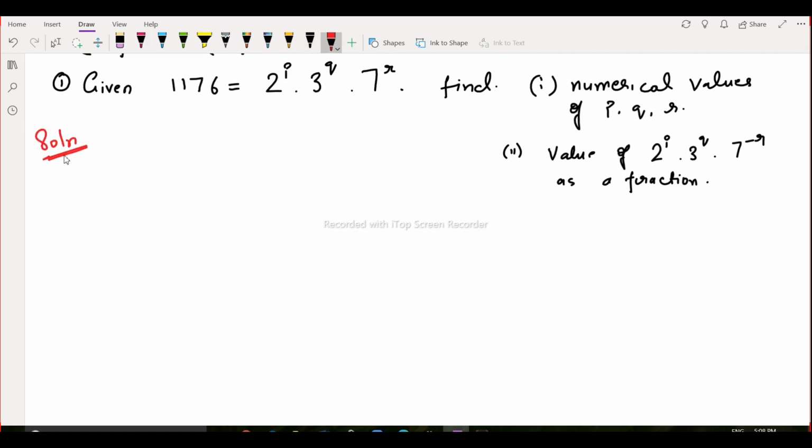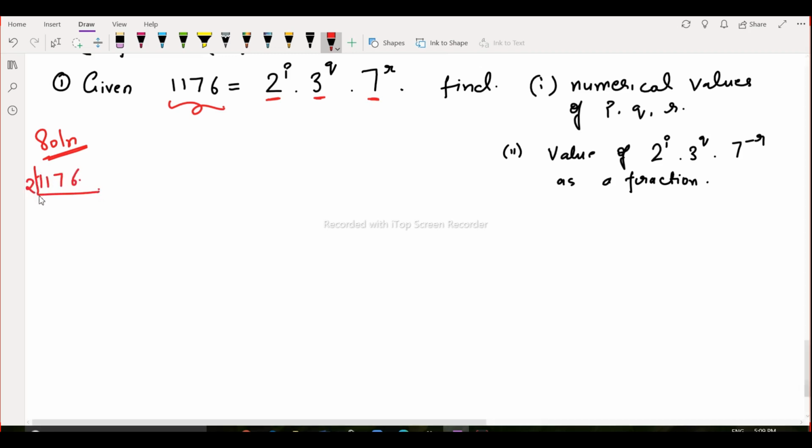So for 1176, I'll do the prime factorization so that I can get 2, 3 and 7. So when we do the prime factorization, let's do this.